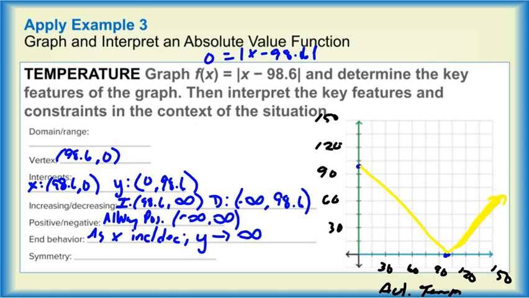And then symmetry: it's symmetric around the line x equaling 98.6, because if I were to draw a dashed line through here, it'd be mirror images on both sides. So now we forgot the domain and range. The domain here would be all real numbers.